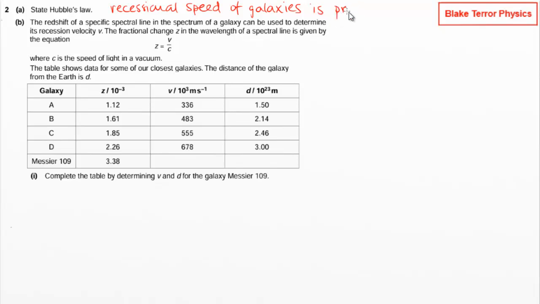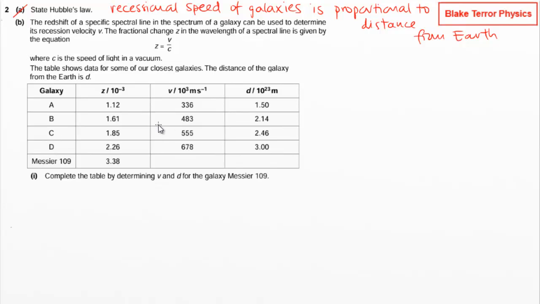Is proportional to their distance from us, to distance from Earth. Okay. So, because yeah, if they're outside of our galaxy, then you're getting actual change in recessional speed based on the expansion of the universe rather than any kind of motion that might be happening inside our galaxy.